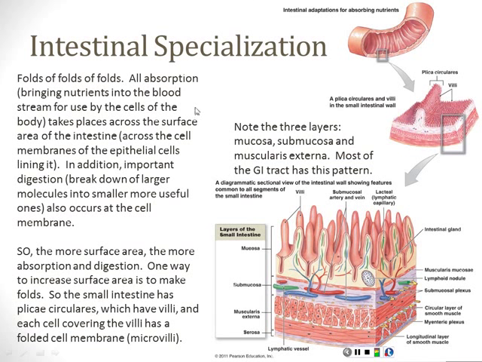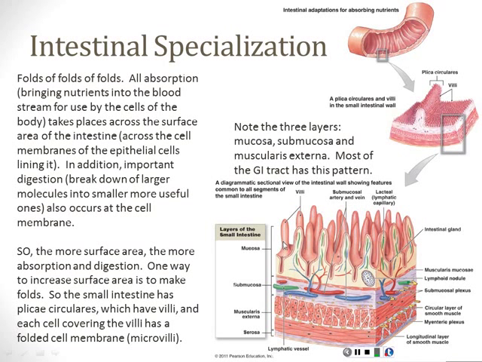And the reason for the folding is that the 2 most important aspects of the digestive tract happen at the surface, right? And that is digestion and absorption. So because that's the case, we want to have as much surface area as possible.